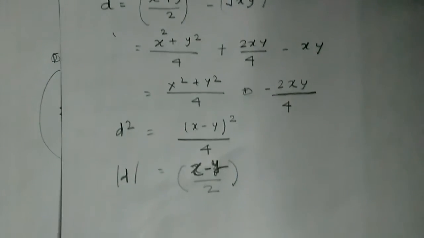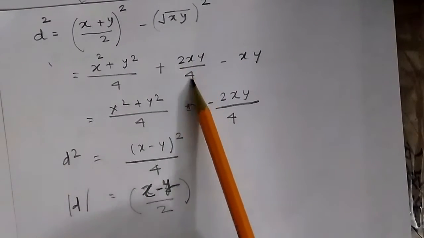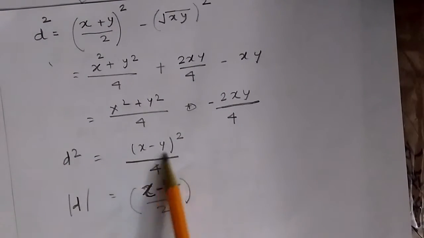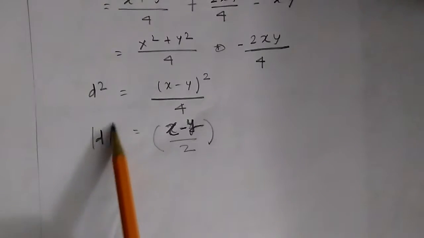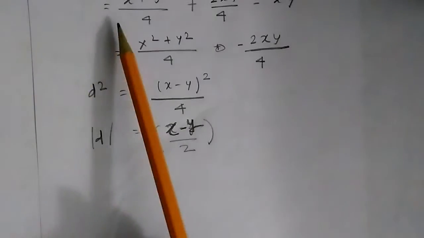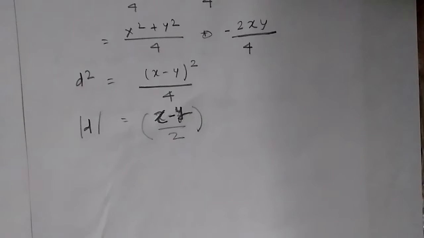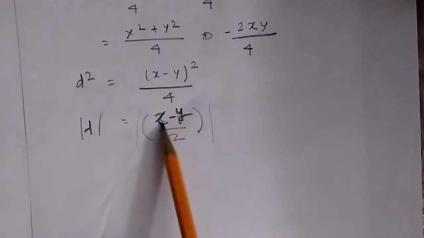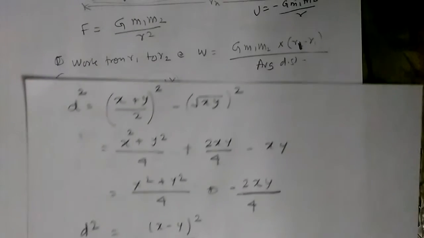If you rearrange these terms, you get x square plus y square divided by 4, and 2xy minus 4xy is minus 2xy divided by 4. This becomes x minus y whole square divided by 4. So the numerical value of the difference between the arithmetic mean and the geometric mean is given by the modulus of x minus y divided by 2. If these two numbers are equal, then there is no difference between the arithmetic mean and the geometric mean.